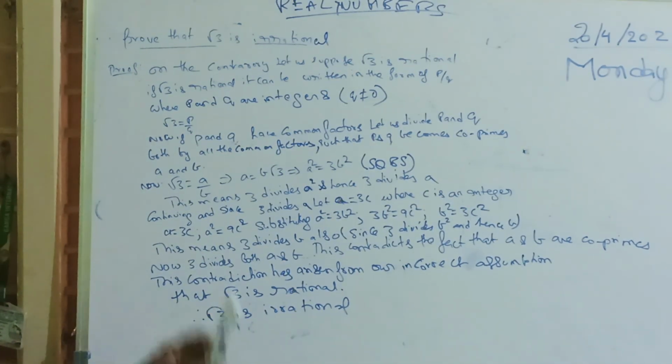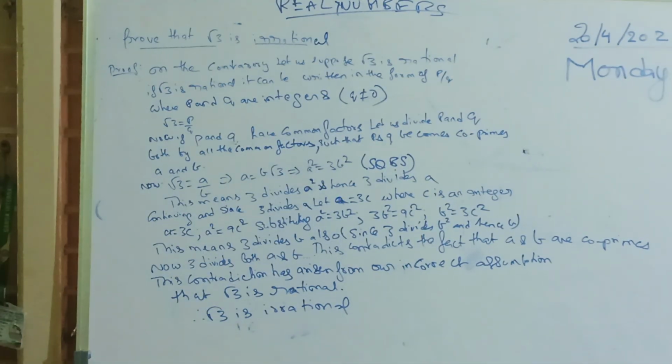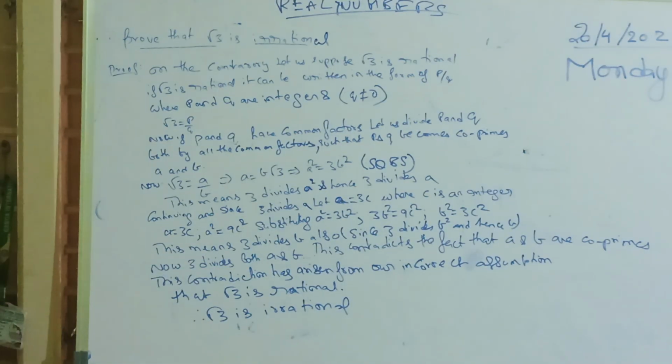Our fundamental assumption was that we had reduced a and b to co-primes. But if 3 divides a and b, they are no longer co-primes. This contradicts the fact that a and b are co-primes.